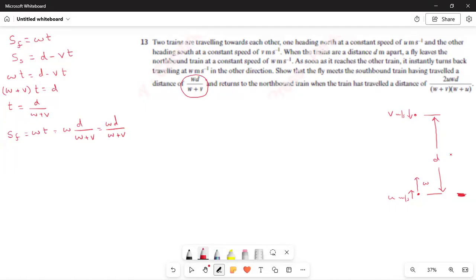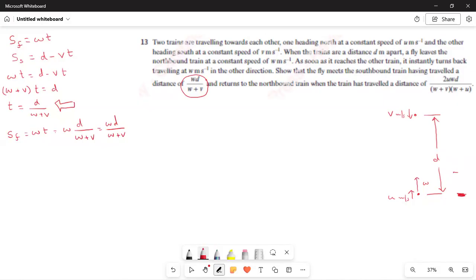Now the second part is a bit complicated. At this time, when the fly meets the southbound train, at this much time, how much has this northbound train traveled?